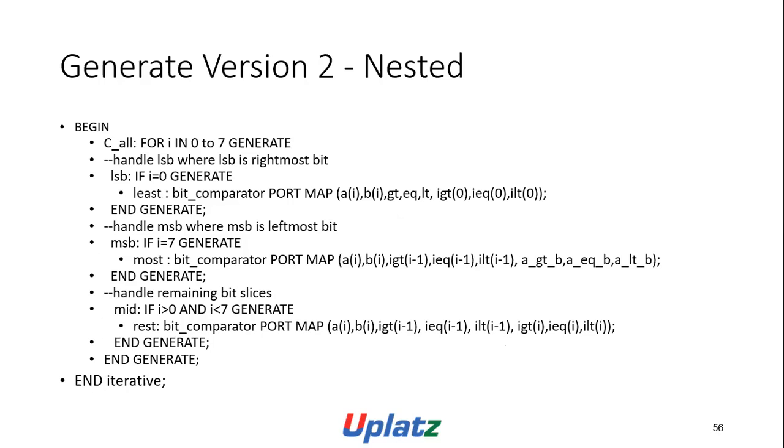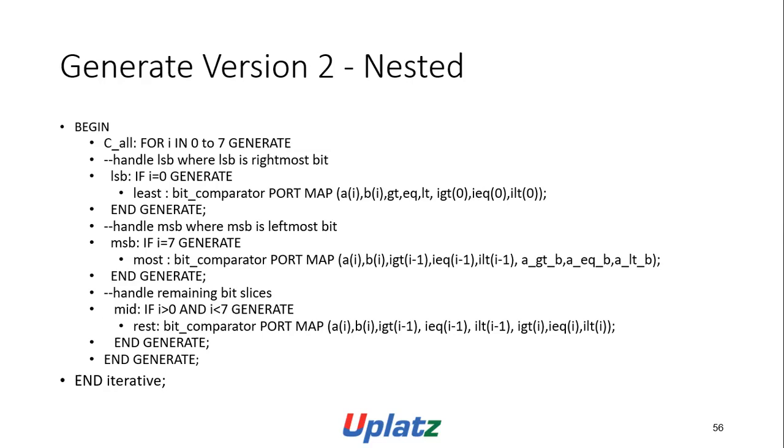Generate version 2, nested: for I in 0 to 7 generate. Handle LSB, where LSB is the rightmost bit: LSB, if I equal to 0 generate, least bit comparator port map AI, BI, GT, equal to, less than in, IGT 0, IEQ 1, ILT 1, end generate.